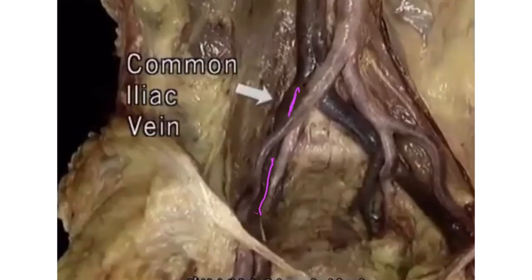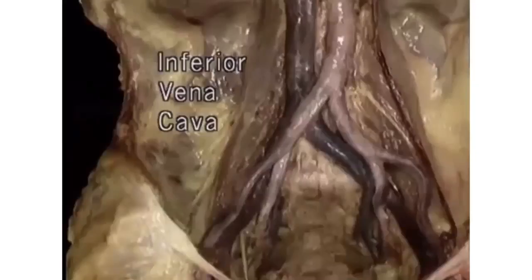The external iliac vein becomes the common iliac vein, and these common iliac veins become the inferior vena cava. This is the inferior vena cava. This is the common iliac vein.